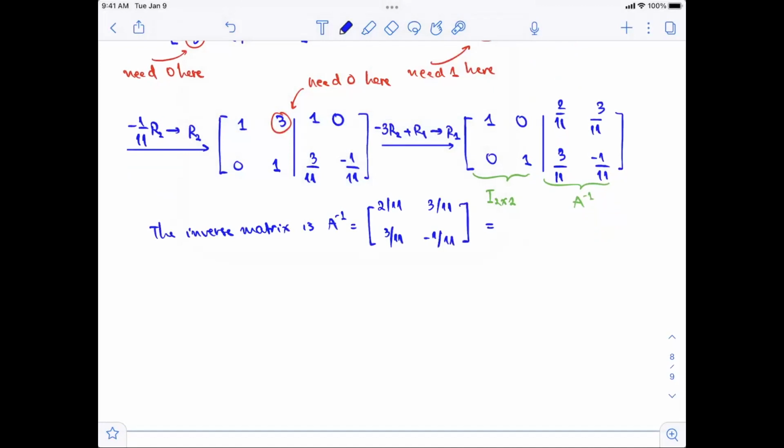Or you can take 1 over 11 as the common factor, and you have 2, 3, 3, negative 1.